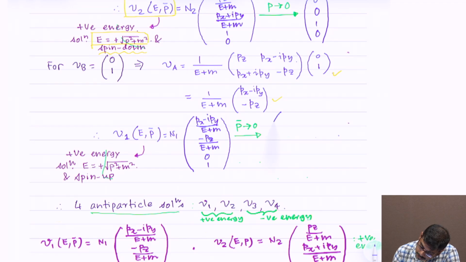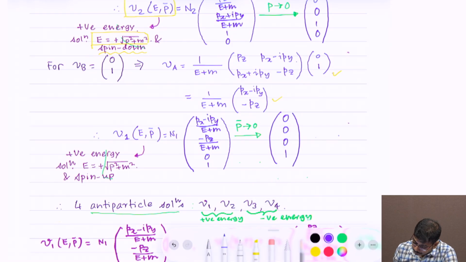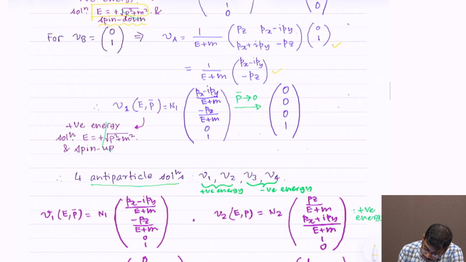If you take the p tending to 0 limit, what you are going to get is 0 0 0 1. And once again, from the exercise that we did at the beginning, we know that this corresponds to a positive energy antiparticle solution, and this will correspond to the spin up solution.